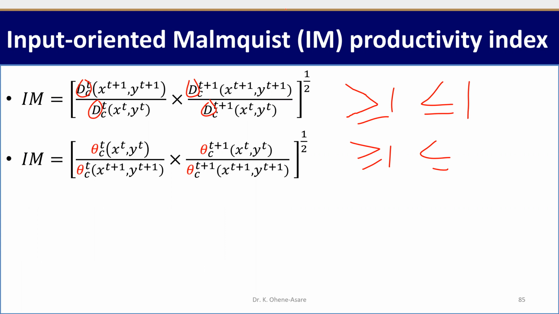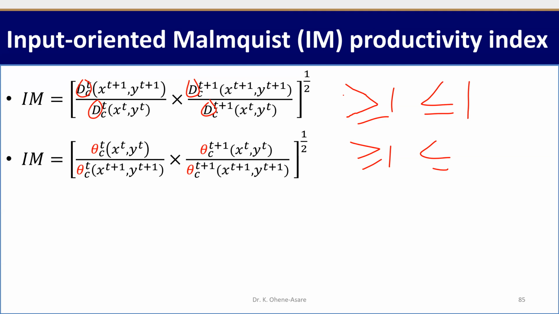And for the second is less than or equal to 1. Say that again. I said the value for the first one is greater than or equal to 1. And the second equation that we see is less than or equal to 1.